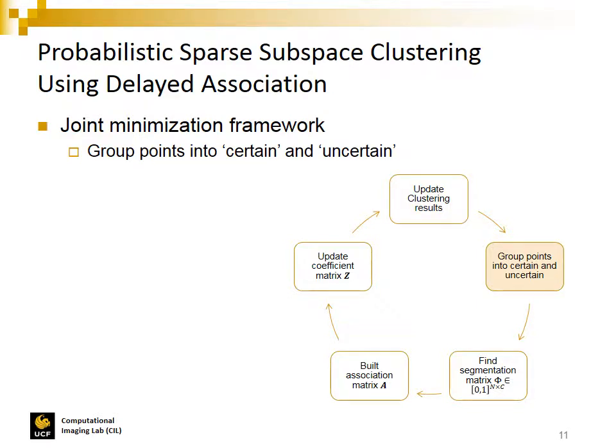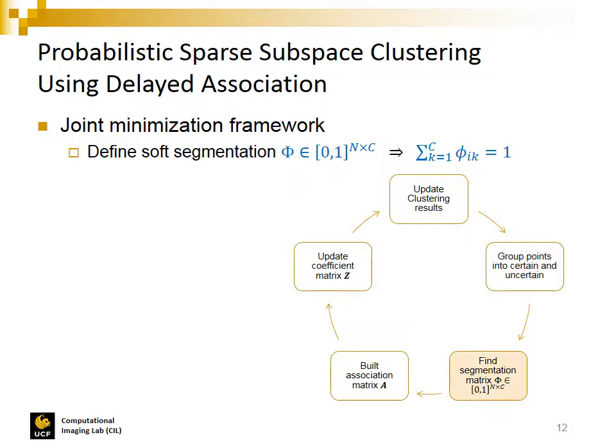We group data points into two groups, certain and uncertain, in which we use hard and soft clustering assignment for these groups respectively. After that, we find assignment of the points to C clusters by a soft clustering matrix phi, which is an n by C matrix, and each element phi_ik represents the probability of point i belonging to subspace k.